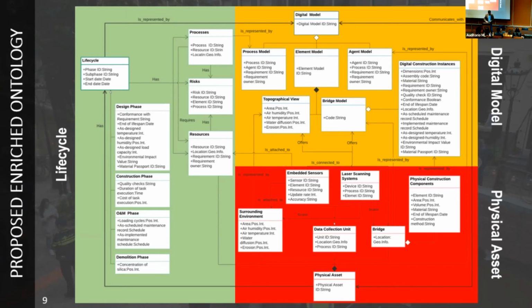And based on that, she had this high-level ontological model that would provide some support for digital twin-based applications. And the main addition, I would say, is that she also added components for processes, but also agents that are involved in the decision-making process of the bridge.